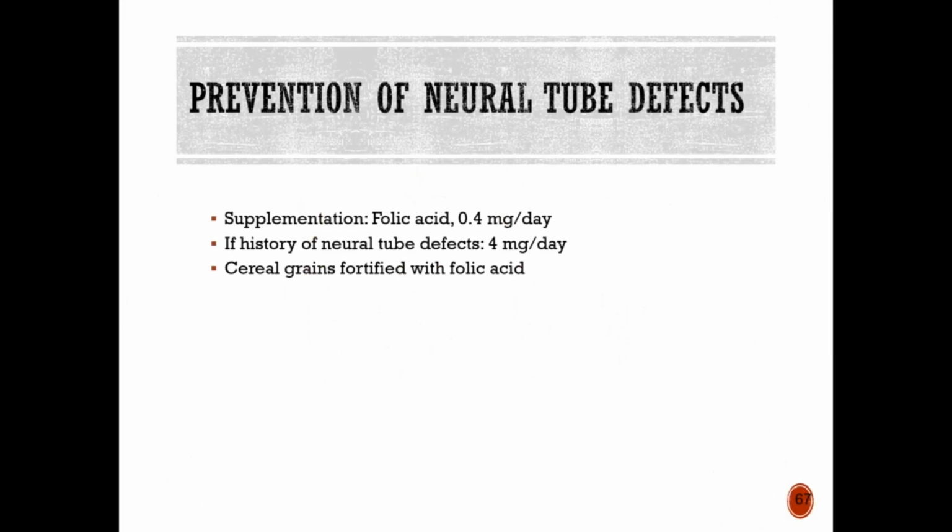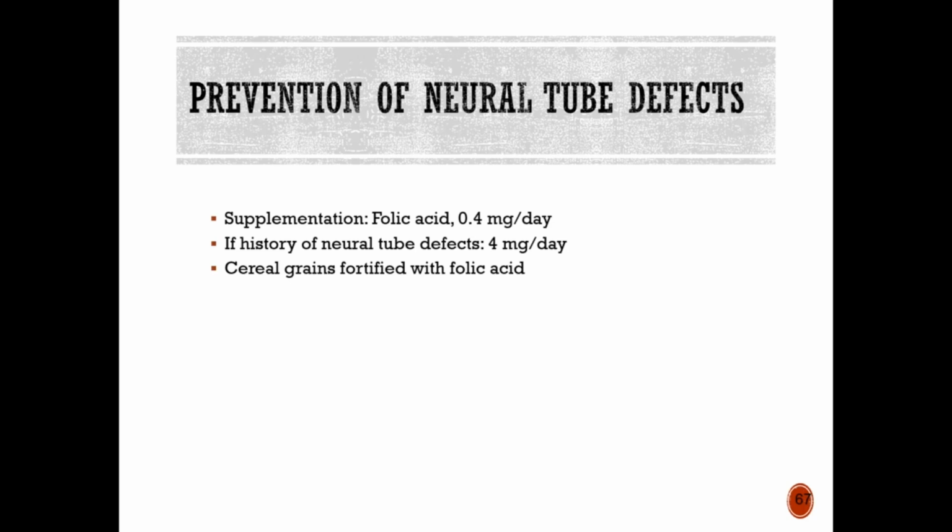So how do we prevent this? People or those sex assigned female at birth, when they are childbearing age, should make sure they are taking supplementation of folic acid, at least 0.4 milligrams per day. If there's a history of having children with neural tube defects, they should take 4 milligrams per day.